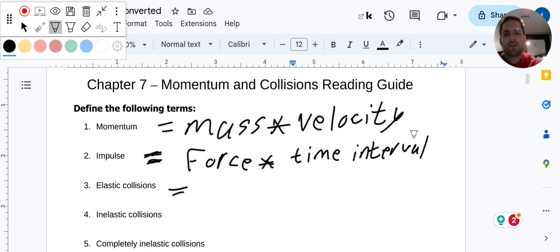Elastic collisions are collisions that don't lose energy. And by lose energy, I mean lose energy to friction. They don't lose energy, their energy is conserved.